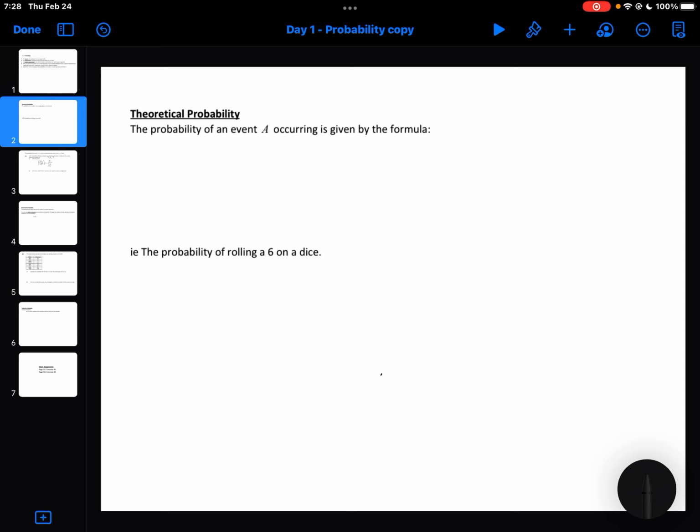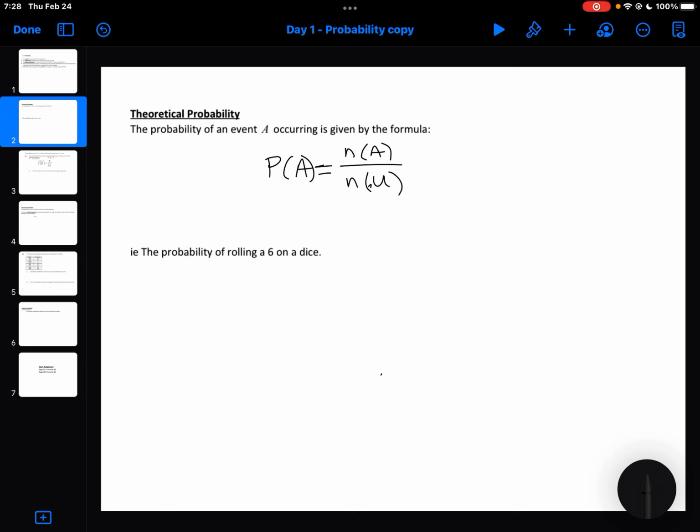The first type of probability that we're going to talk about is theoretical. This is when you talk about the probability of an event A occurring, and we use a formula here. P(A) is n(A), the number of times A occurs, over n, the number of possible outcomes.